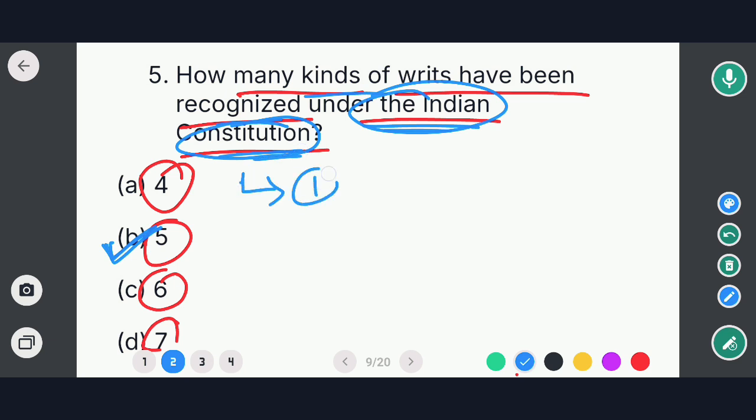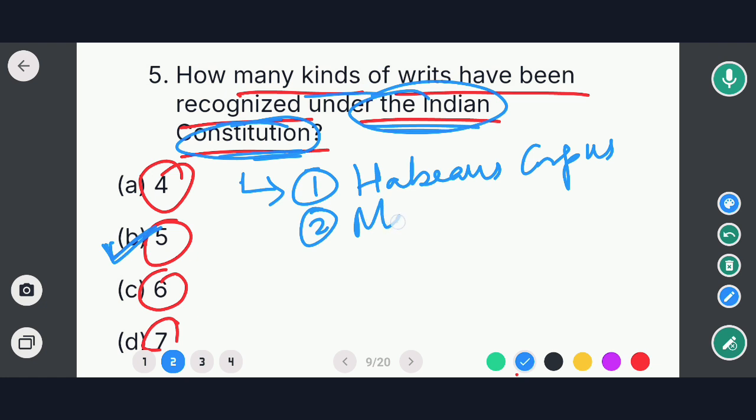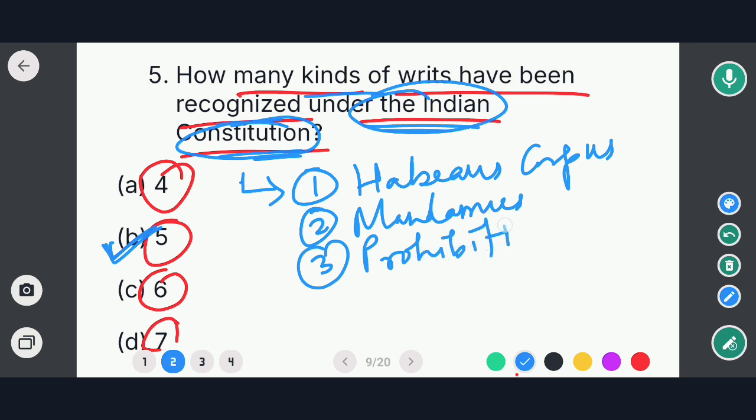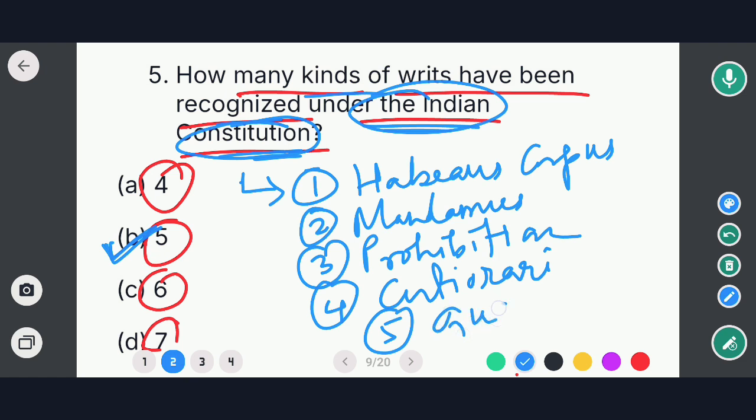These are: first one is habeas corpus. Second one is mandamus. Third one is prohibition. Fourth one is certiorari, and the fifth one is quo warranto.